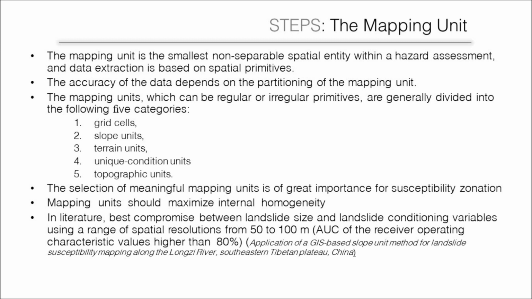Usually in the literature, the best compromise between landslide size and landslide conditioning variables uses a range of spatial resolution. For example, if we have a pixel size of 50 to 100 meters, meaning the side, if it's a square, 50 multiplied by 50 or 100 multiplied by 100, the accuracy or the area under the curve will be within 80%.